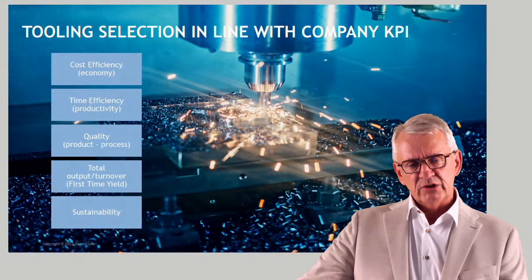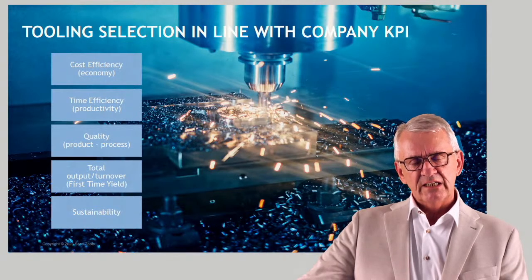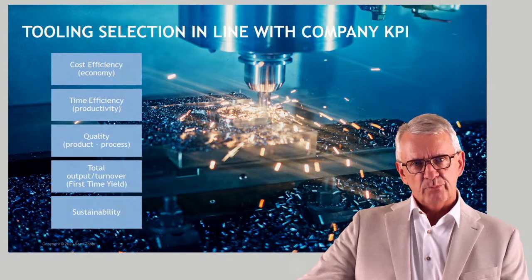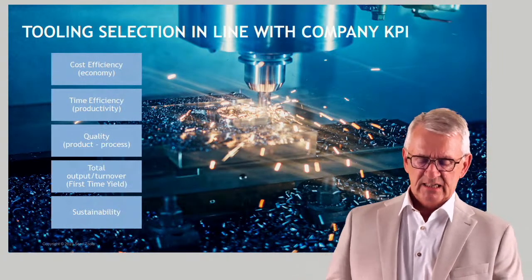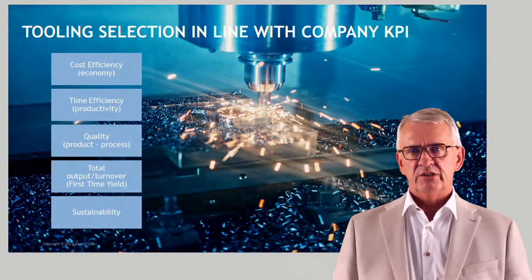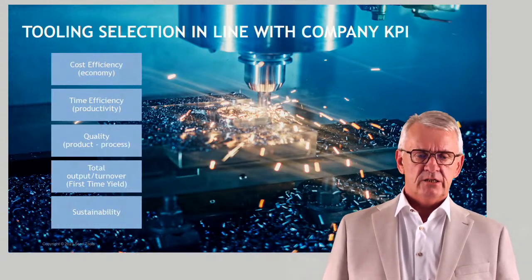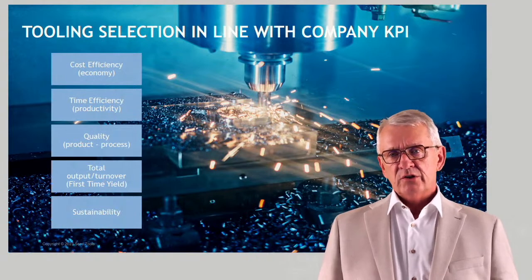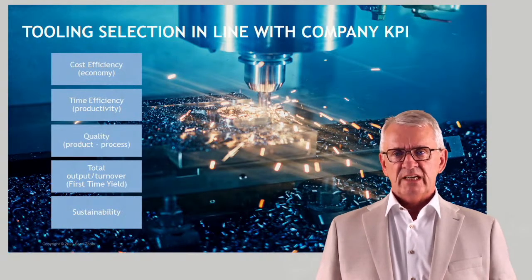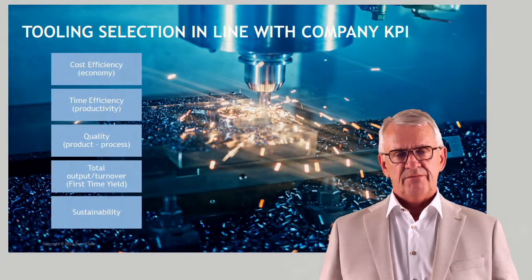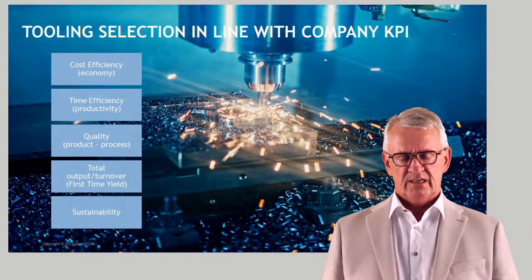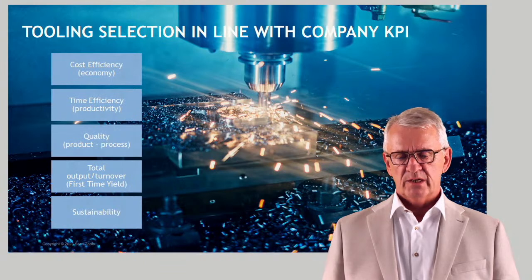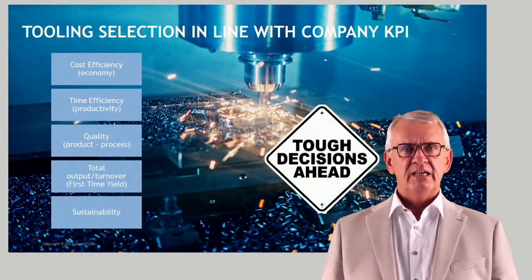Because the selected tools need to be in line with the overall company KPIs. And company KPIs is cost efficiency, time efficiency, quality of finished products, total turnover, total output, and sustainability. That is the 5 classic traditional manufacturing KPIs in a manufacturing company. And cutting tools should be in line with that.